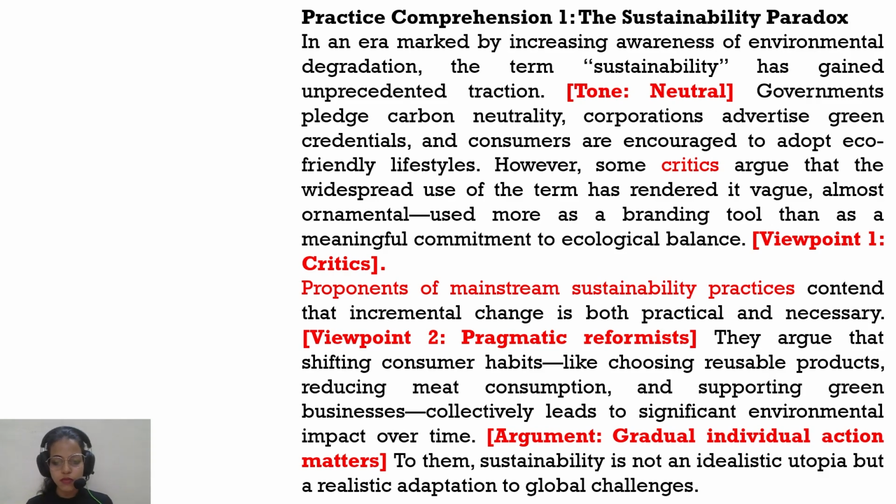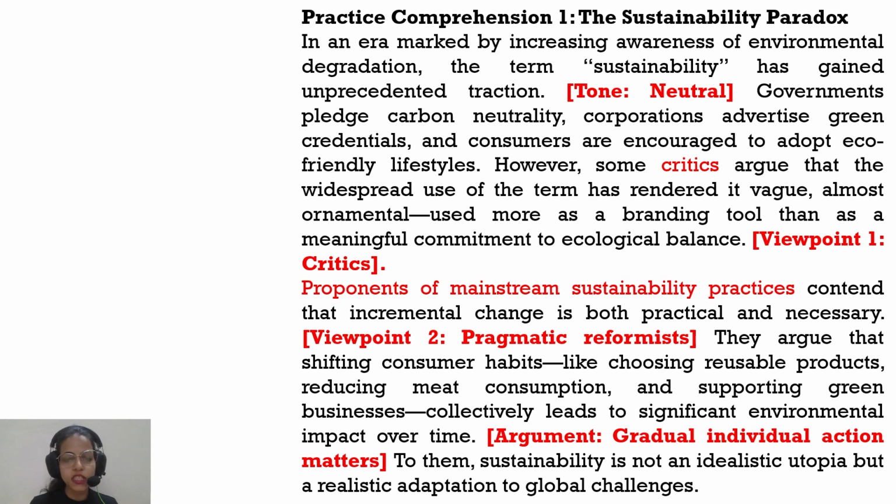Now, we see that some sort of argument has been introduced here: that gradual individual action matters. So, this can also be called incrementalism, increasing slowly, baby steps. What are the baby steps that have been introduced here? Choosing reusable products, reducing meat consumption. So again, the argument here is that gradual individual action should matter.